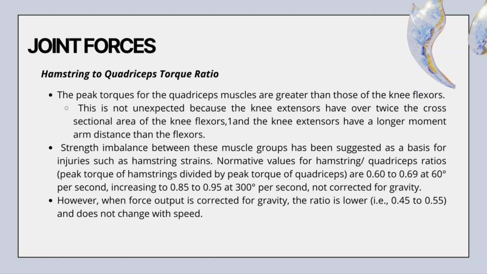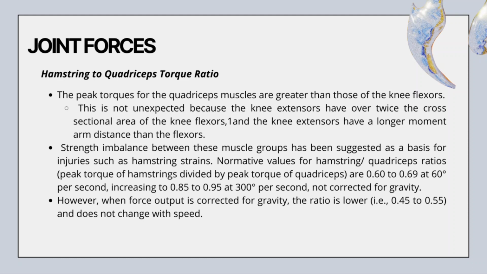Strength imbalance between this muscle group has been suggested as a basis for injuries such as hamstring strains. Normative values for hamstring to quadriceps ratios, the peak torque of the hamstring divided by the peak torque of the quadriceps, are 0.60 to 0.69 at 60 degrees per second, increasing to 0.85 to 0.95 at 300 degrees per second, not corrected for gravity.